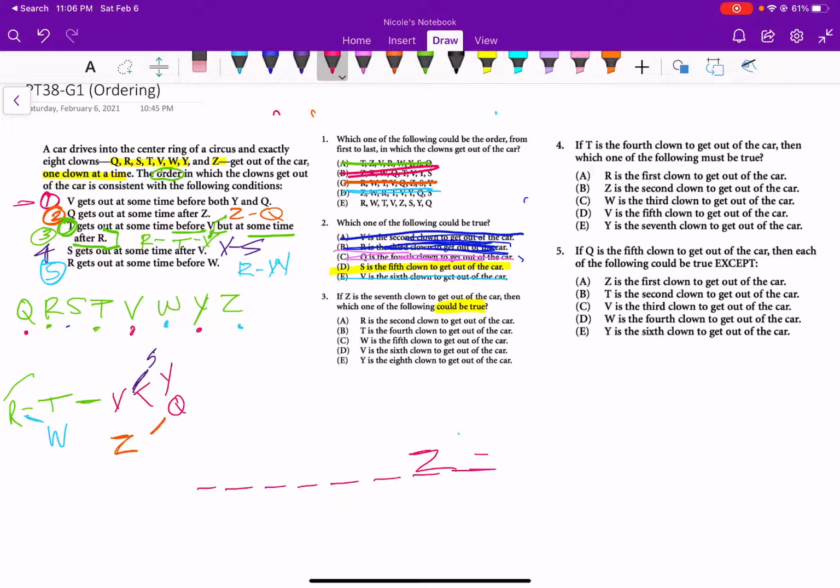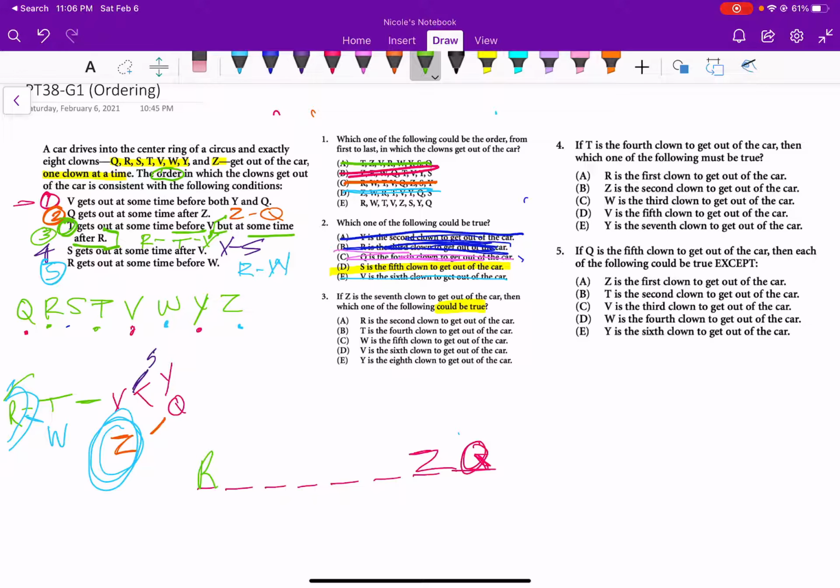We know that Q has to be last, right? And there's actually something else that we know here, because we're paying attention to what could possibly be first. The only two variables that can be first are R and Z, because everyone else has something else that has to go in front of them. So we're going to go ahead and just write this R in here.